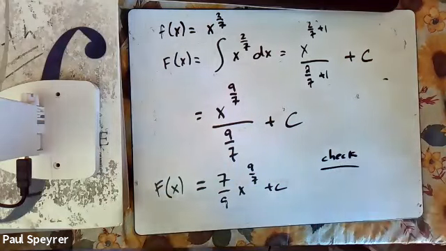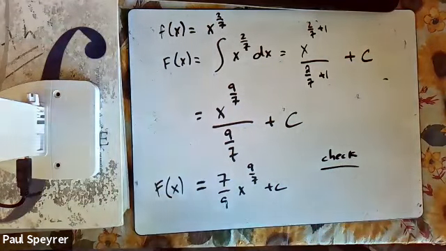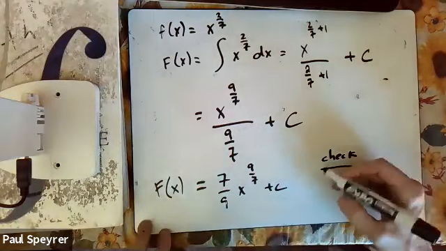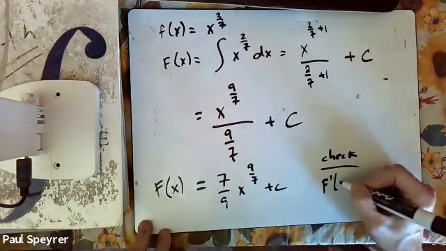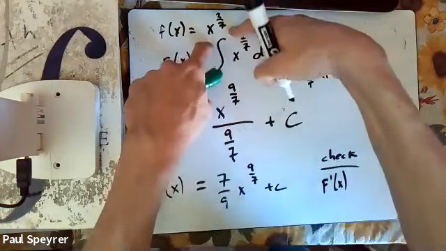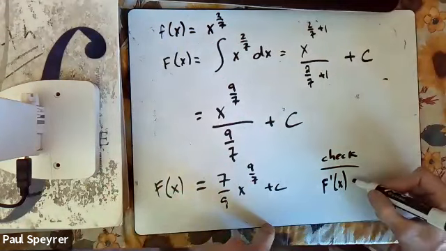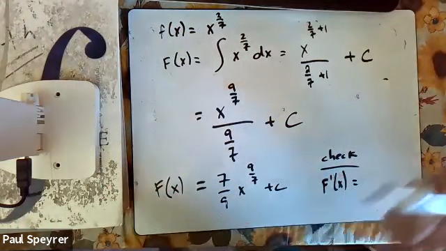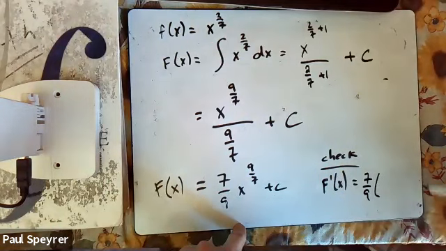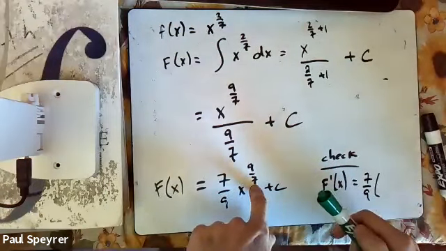Let's check the fraction ones because maybe we're not comfortable with the fractions, right? How will we do that? Well, if I take the derivative of big F, I should get back to the base function right here. How's that work out? Remember, we're going to do the power rule for derivatives, which says I need to take this exponent and drop it down, right?